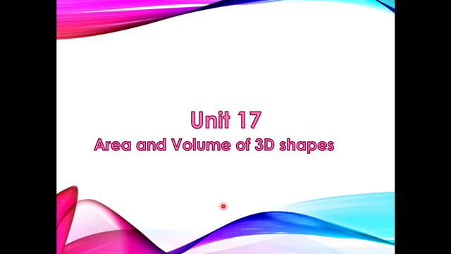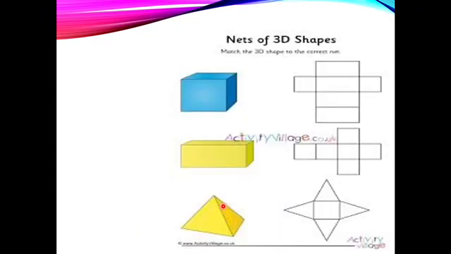Now, before you start the calculations and work, you were required to build a net of these shapes. Here's just a copied picture from the internet of some nets, to give you a description of what I'm about to say. If we look at a net of a 3D shape, you'll see that it is built up of 2D shapes pasted together and then stuck together to make your 3D shape.